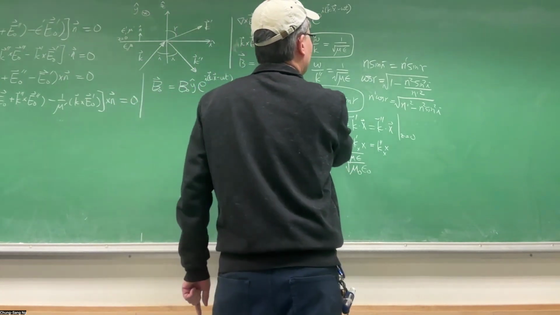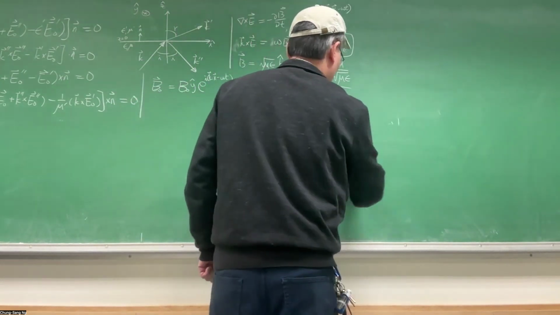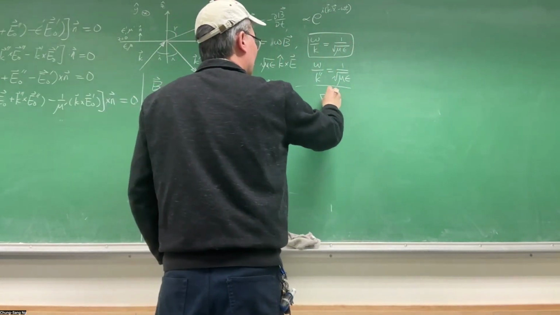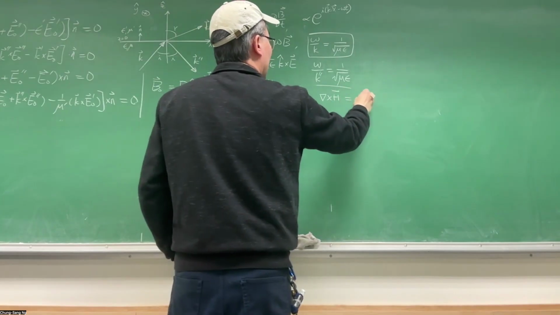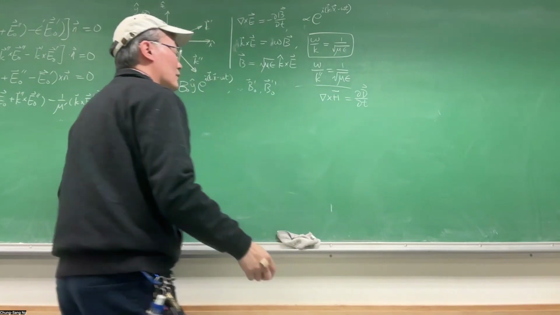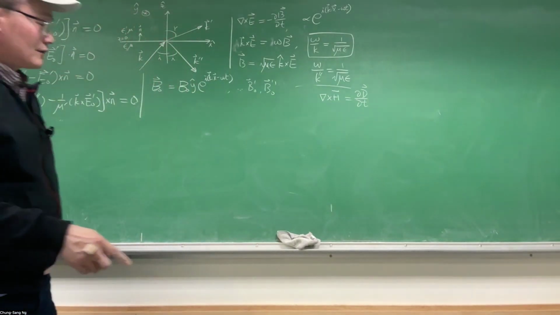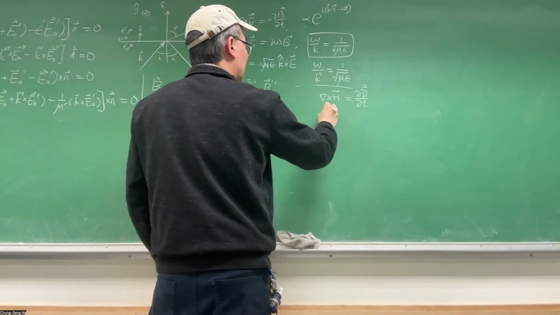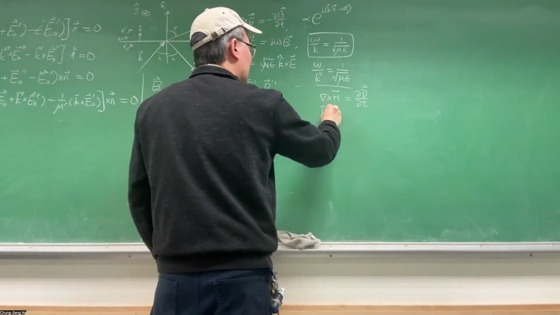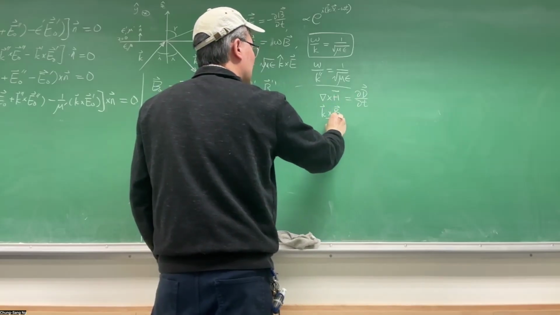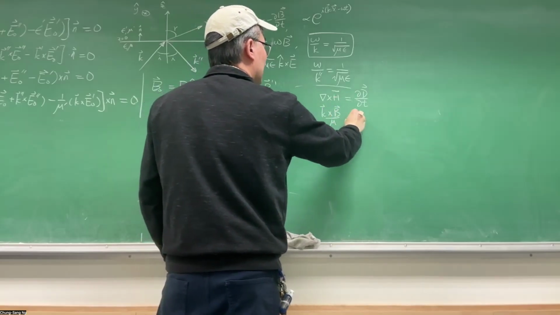Let's forget all this. Yeah, use Ampere's law. You pick curl H equals partial D partial t. There's a J, but there's no J for our case. There's no free current. So i k cross H, H is B over mu, equals 0.